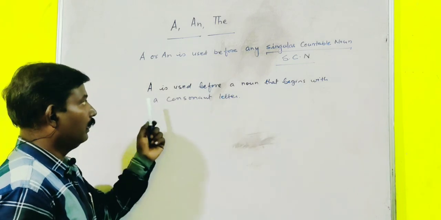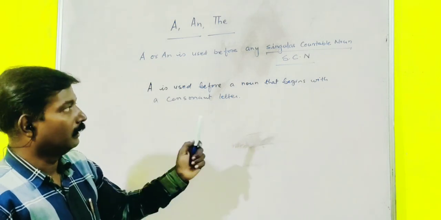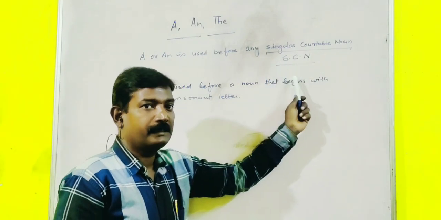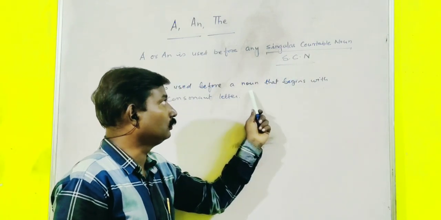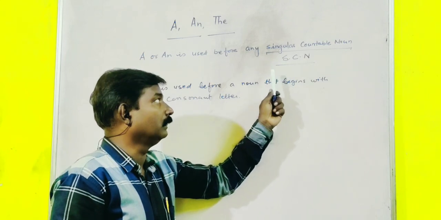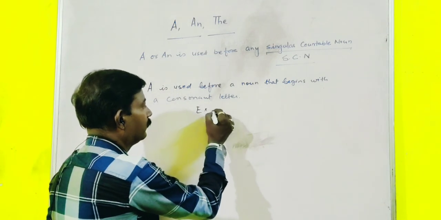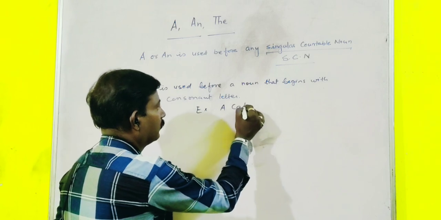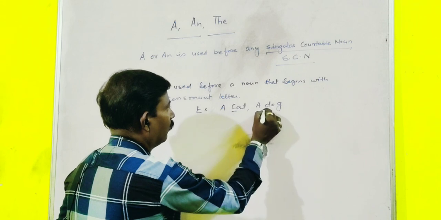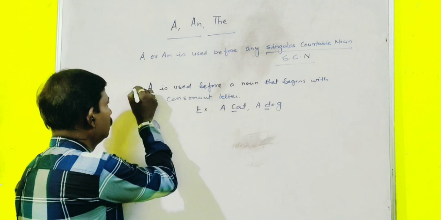Okay, a is used before a noun that begins with a consonant letter. When I say noun, keep this in your mind, SCN. That means this noun should be singular, it should be countable, and it should be a noun itself. Alright, say for example, I can say a cat, a dog. Okay, so you can see C or D, these are consonants. This is condition number 1.